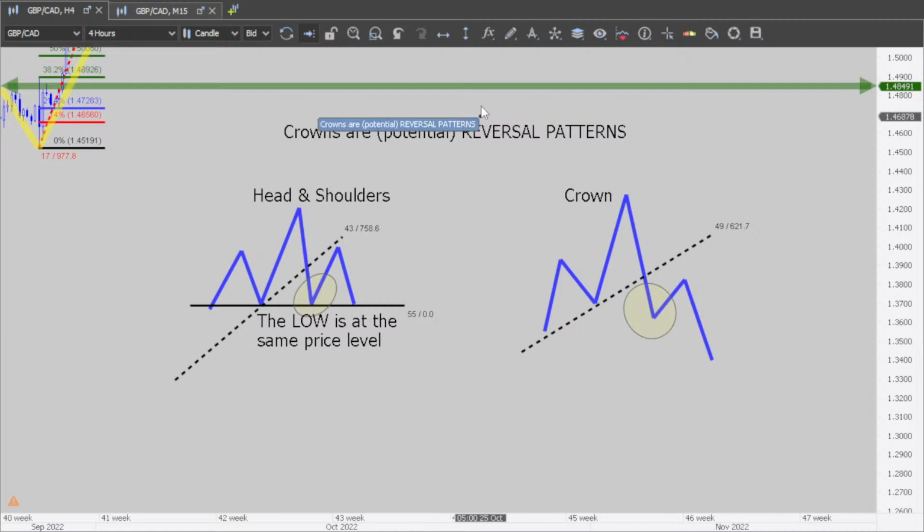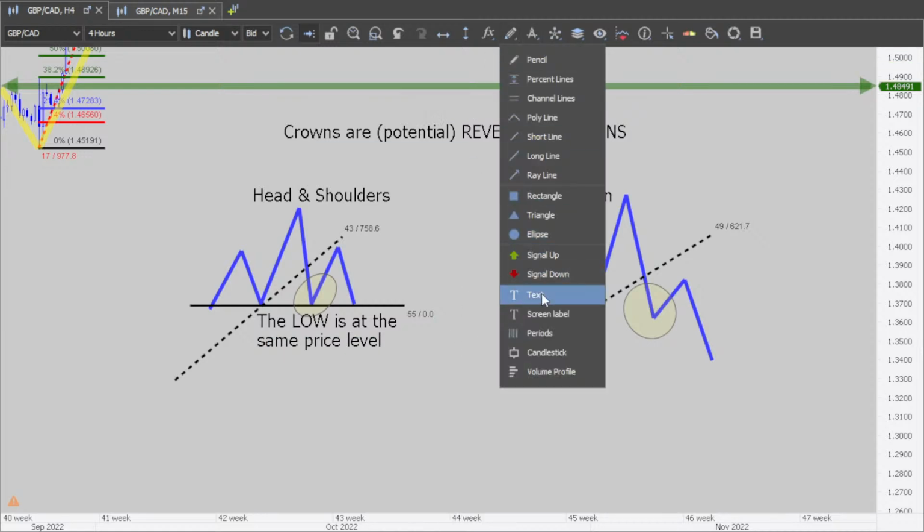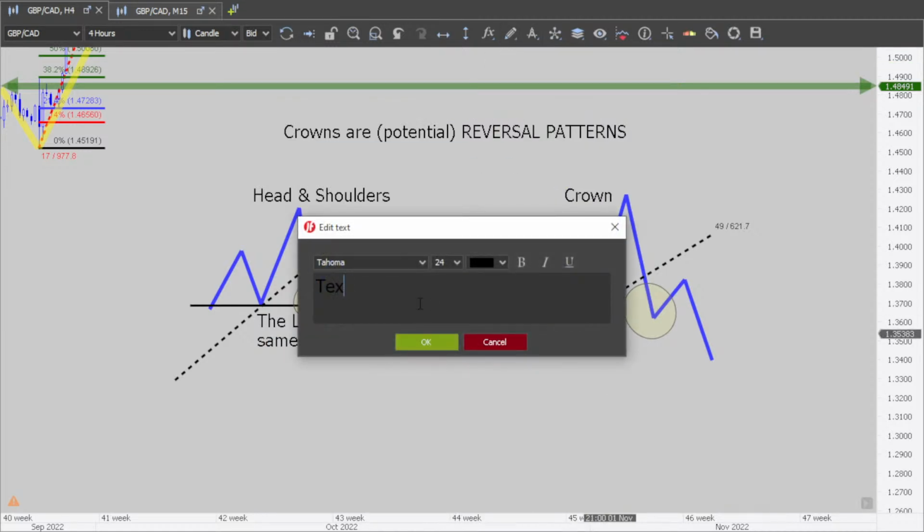So the low is at the same price level, and here the specific of the crown is that it makes a lower low.